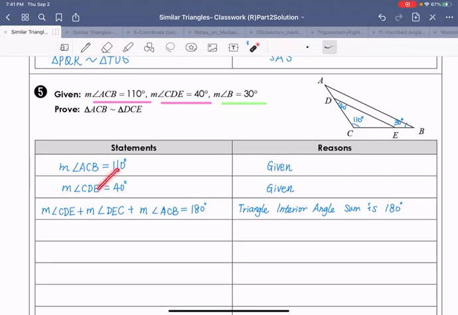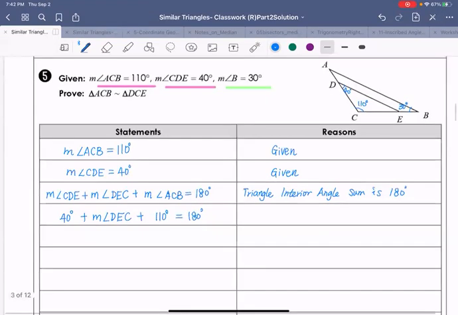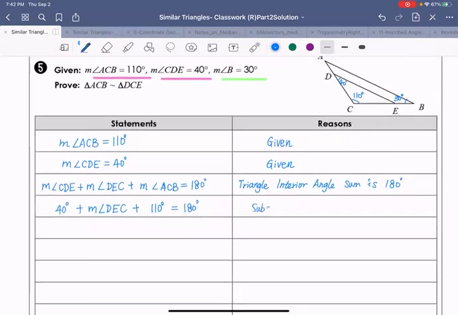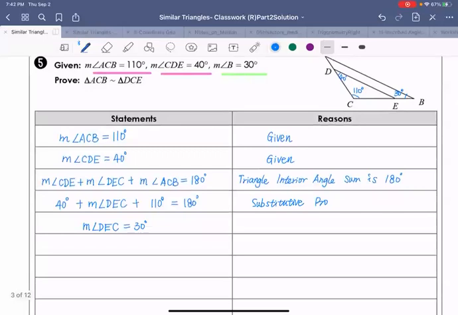And now, can we plug in? 40, let's plug in, plus 110 equals 180. What do we write down? Substitution property. Very good. You pick the right one. And then angle DCE would be 30. There you go. Would that be like the subtraction property if you're going to subtract 110 and 40 from 180? Perfect. You do very well.